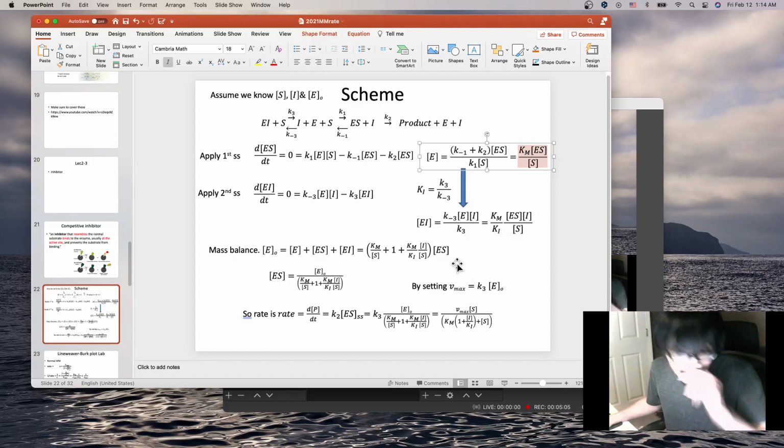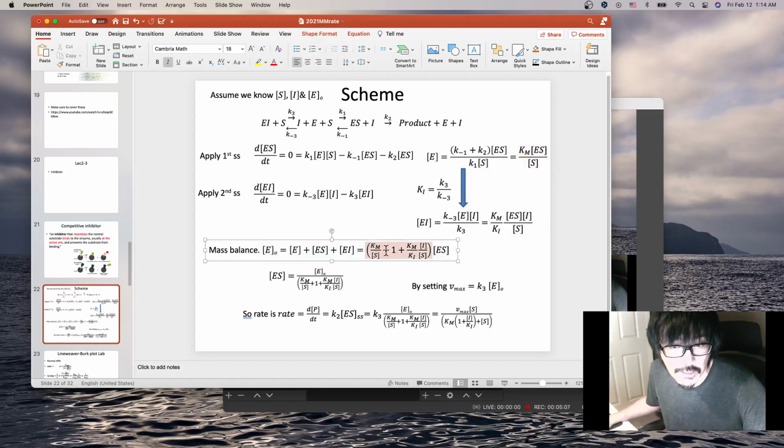So factoring out ES, you get this formula right here. So that's promising because I can now isolate ES. ES is equal to this one divided by that portion right here. So I get this one.